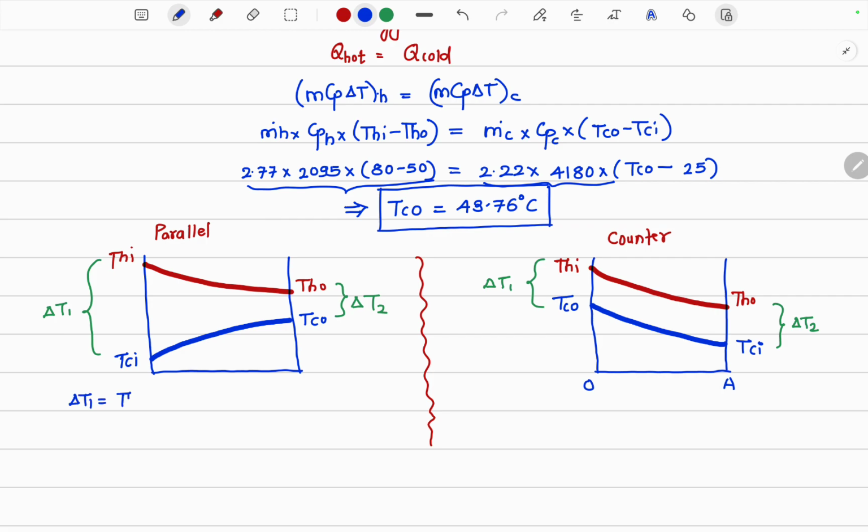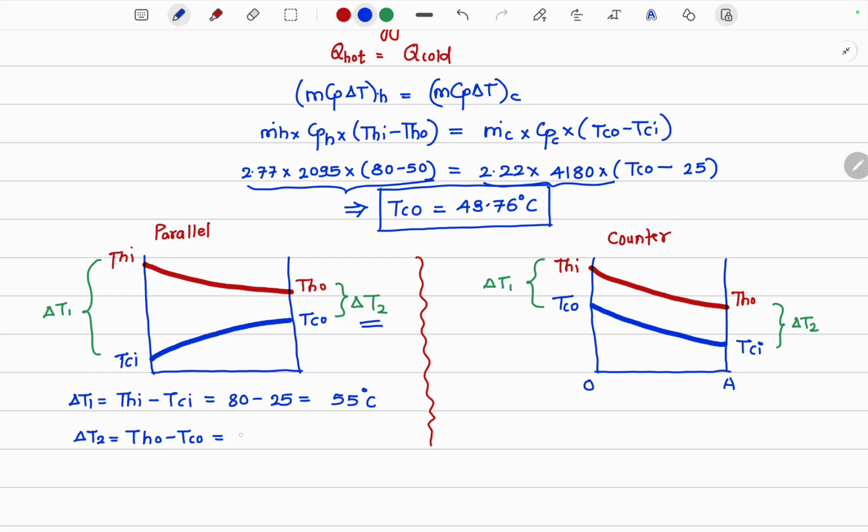Delta T1 will be equal to THI minus TCI. THI is 80, TCI is 25. You do the subtraction, so that comes out to be 55 degrees Celsius. Delta T2 will be THO minus TCO from the diagram itself, and that's why the diagram is important.